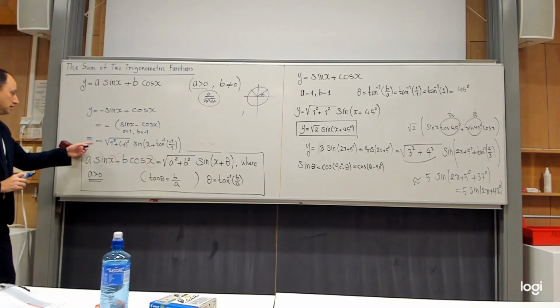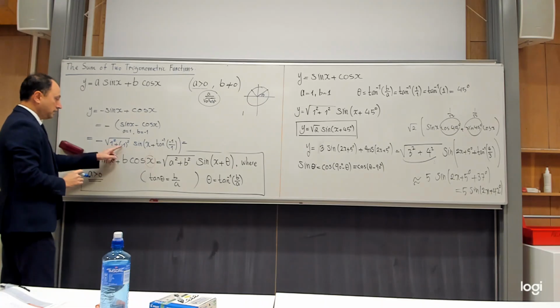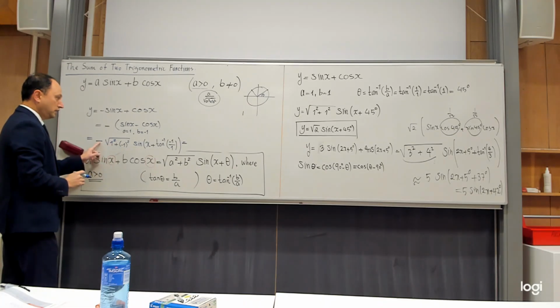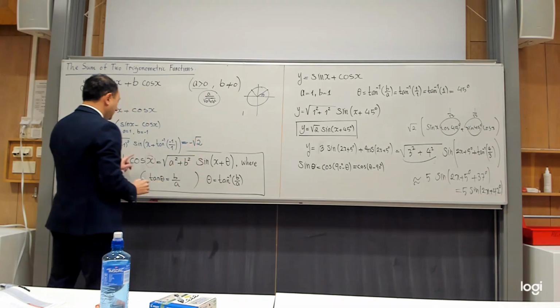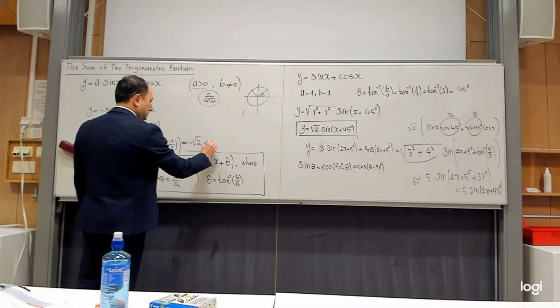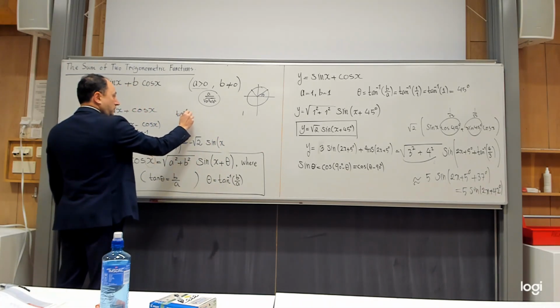Yes? And then let us simplify that. So what happens? This becomes 1, this becomes 1, square root of 2, negative square root of 2. And then this is sine function. This becomes tangent inverse of minus 1.